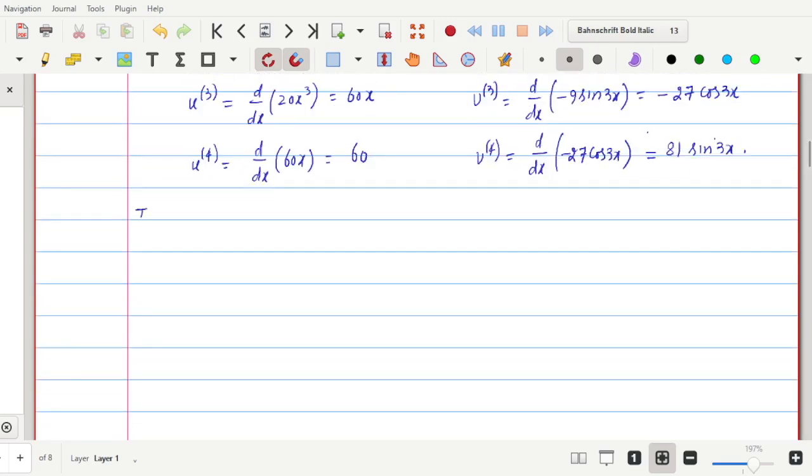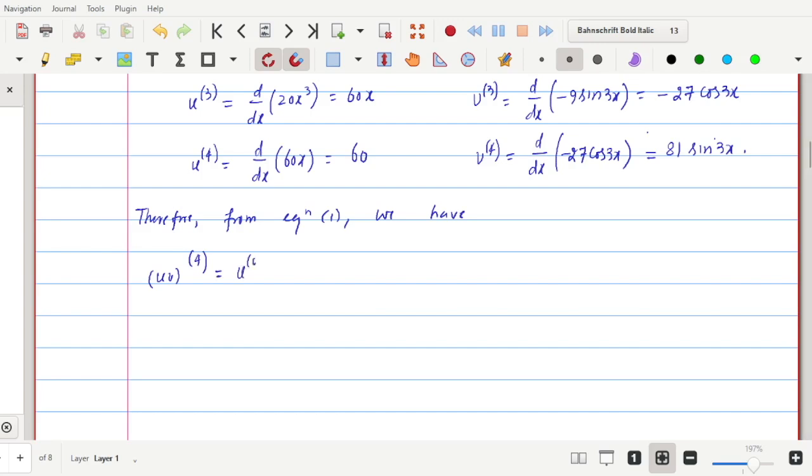So from equation 1 we have this fourth derivative of uv. Now again we will repeat the formula here.